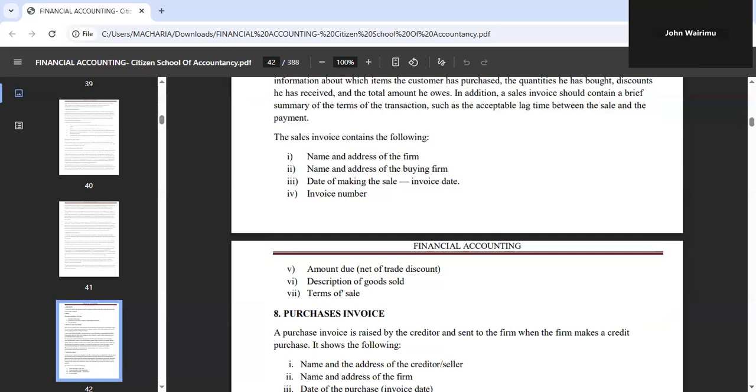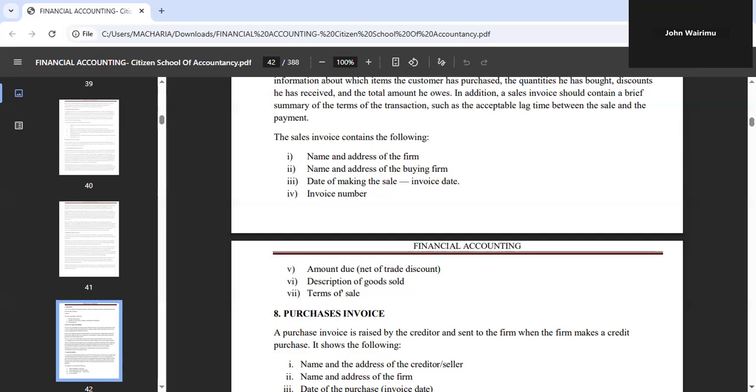In fact, if you read the Tax Procedures Act, that is the one that is talking about the tax invoice. A tax invoice will have certain characteristics, and what I've listed here are some of them. These features should appear in any sales invoice for it to be valid.